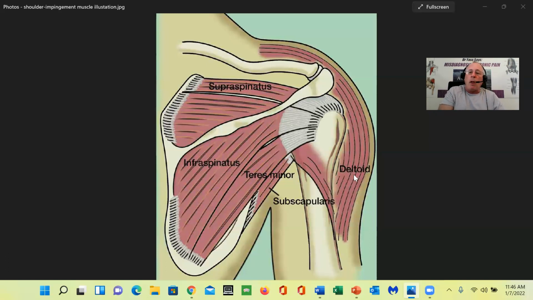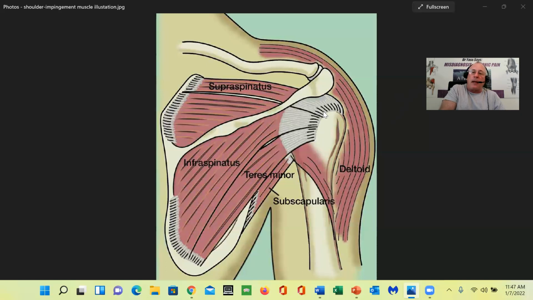So if we understand that the natural way this works is that the deltoid is going to pull the arm bone out and up, and that will lead to the head of the arm bone rising into this area and possibly impinging against the shoulder bone, this acromion process. Well, mechanically something had better pull down on the head of the arm bone. So as this is being pulled up, something had better pull down.